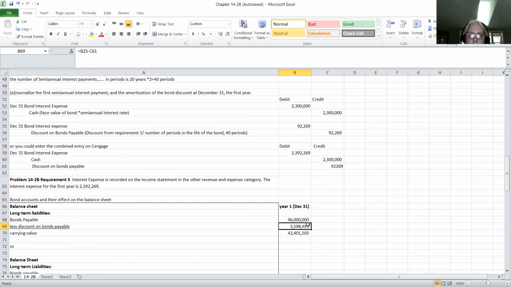This is the balance at December 31st of the discount on bonds payable.